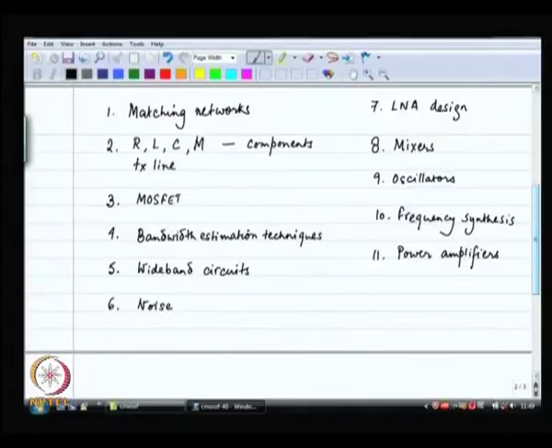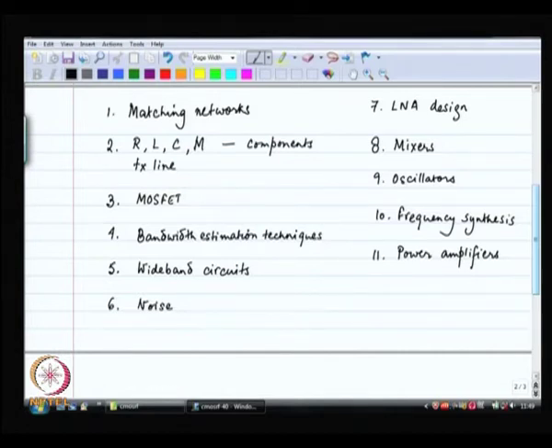Then we talked about the MOSFET. MOSFET is the core of CMOS. So, it is in the title, you can't get away without the MOSFET. Then we worked on bandwidth estimation techniques, method of open circuit time constants, short circuit time constants. Actually, we just worked on open circuit time constants.